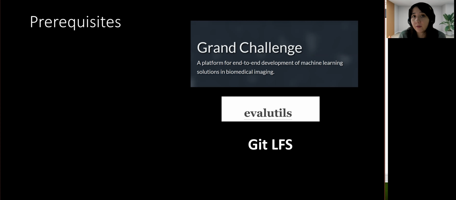Secondly, you need to have the evalutils package installed. This is a package that is maintained by Grand Challenge, and our template repositories are based on it. You can easily install this package by running the pip install evalutils command. You need to have Git Large File Storage installed in order to be able to push and pull the model weights.